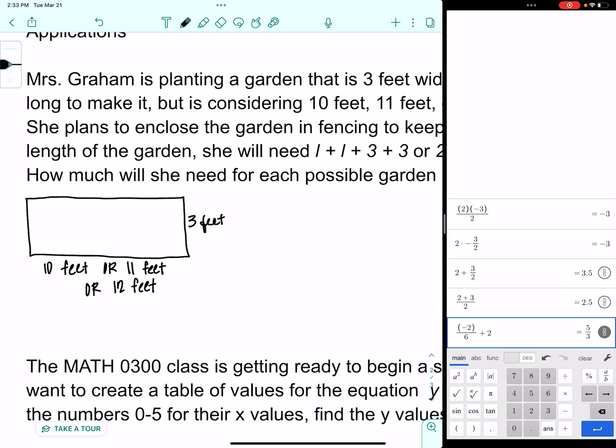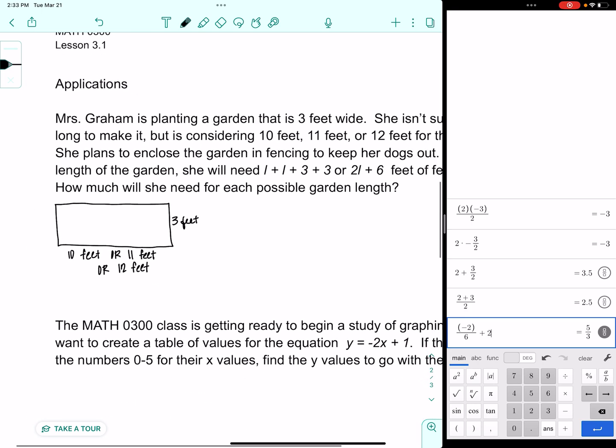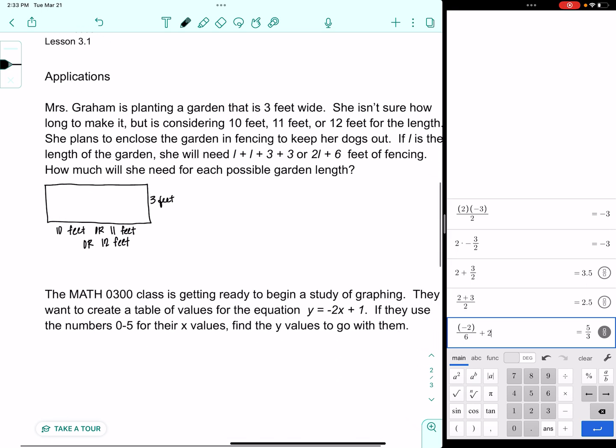We're going to enclose this garden in fencing to keep her dogs out. If L is the length of the garden, she will need L plus 3 plus 3.